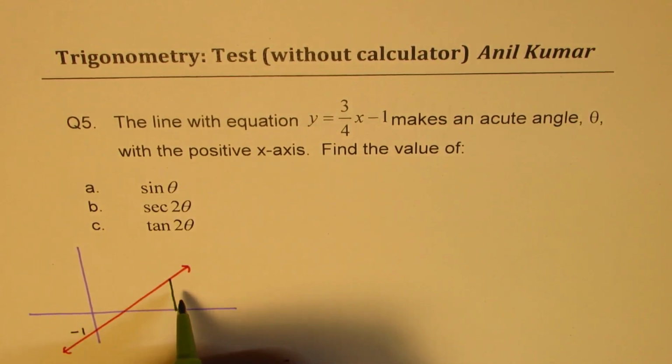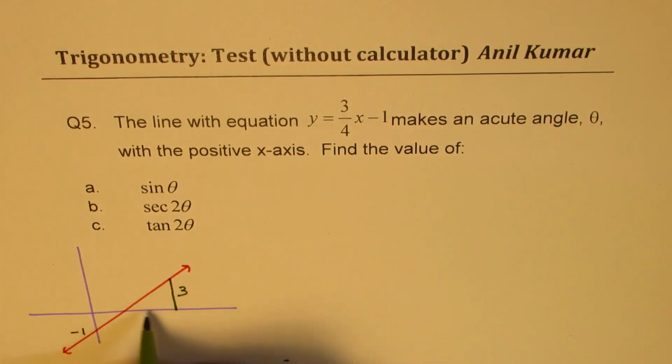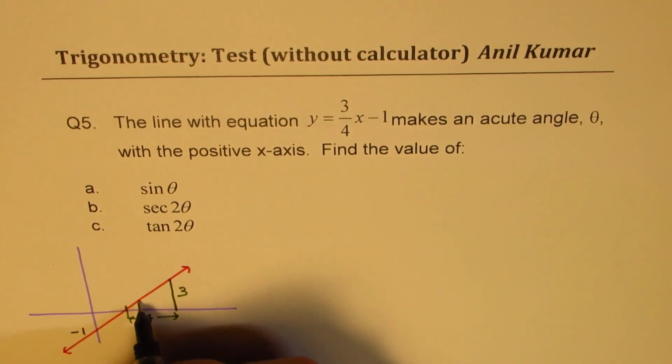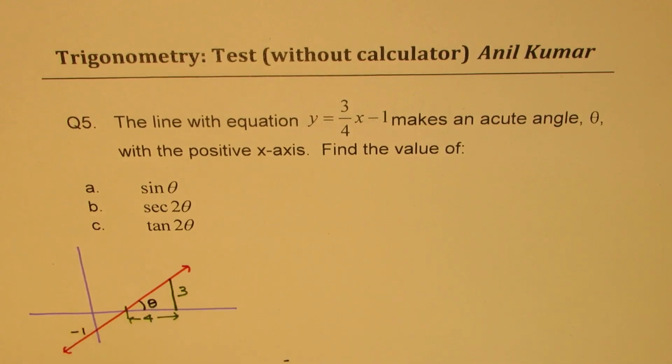Right? So in that case, the ratio of height to the base of this triangle is 3:4. We need not calculate x and y intercepts or things like this. Just sketch it, right? Y intercept is minus 1, you know it. So the angle which we are talking about, theta, is right there.